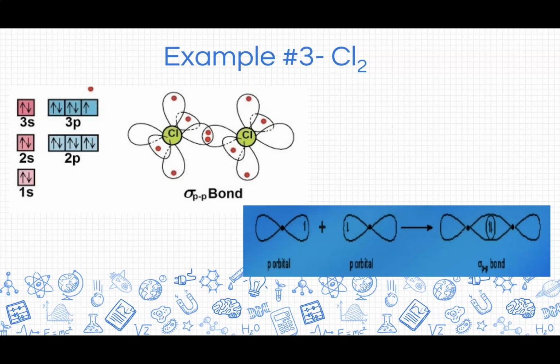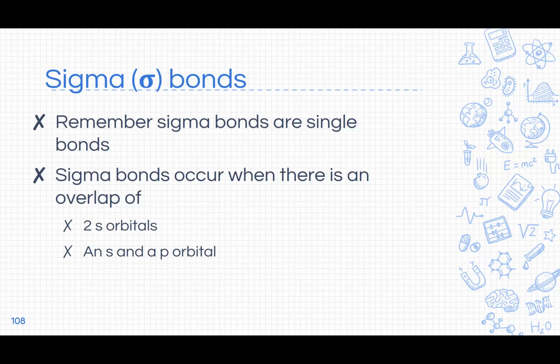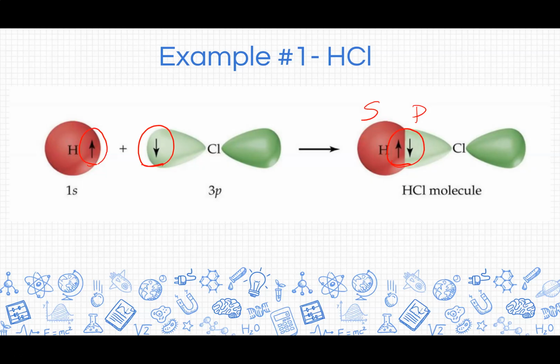Here's Cl2, okay? Remember Cl, 1s2, 2s2, 2p6, 3s2, 3p6. I might have said that wrong earlier in the video. Oh gosh, I actually said it wrong. Let me go back to that one because I said 6, but to be clear, this is 1s2, 2s2, 2p6, 3s2, 3p5, hence the unpaired electron.